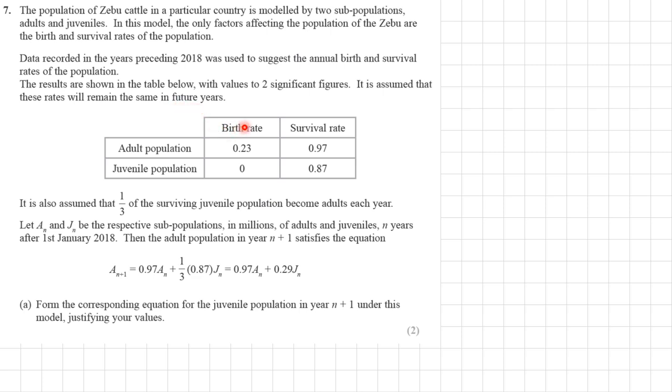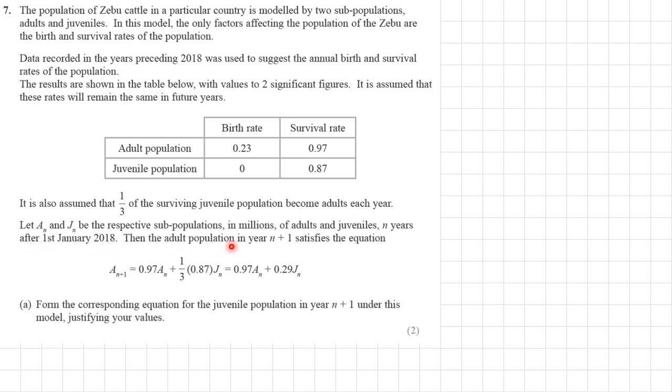So we've got a birth rate, survival rate of the adult population and the juvenile population. It is assumed that 1/3 of the surviving juvenile population become adults each year. A sub n and J sub n be the respective subpopulation in millions of adults and juveniles, n years after the 1st of January 2018.